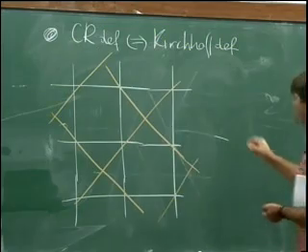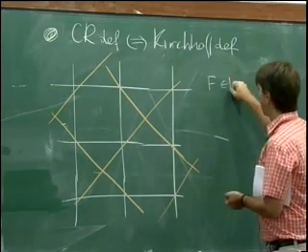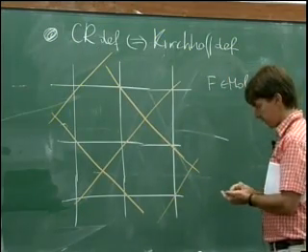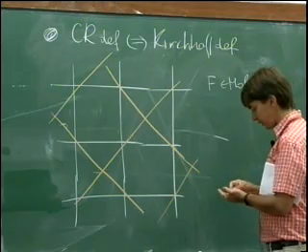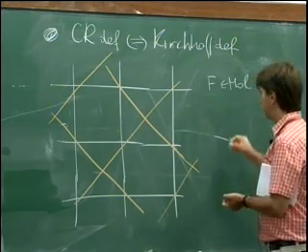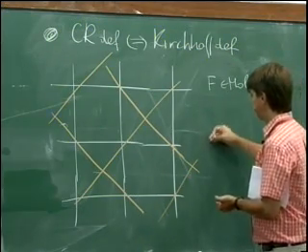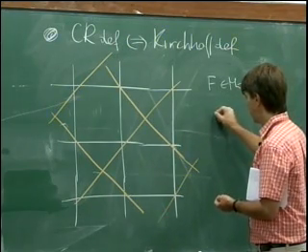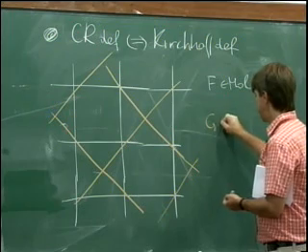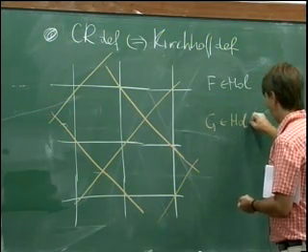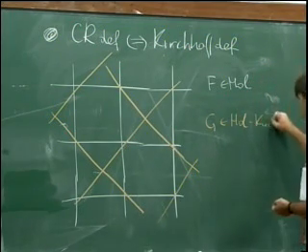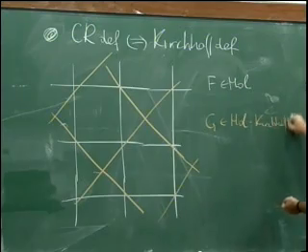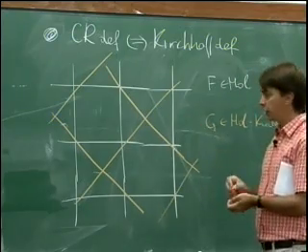So we take f, which is holomorphic on the white lattice, and then we define another function, let's say g, which is Kirchhoff holomorphic on that lattice. And how do we define it?